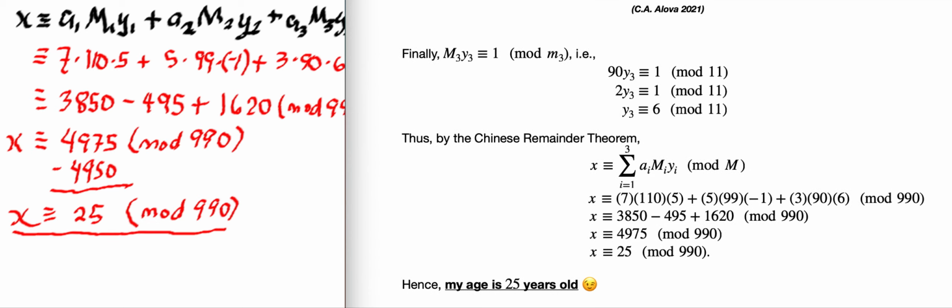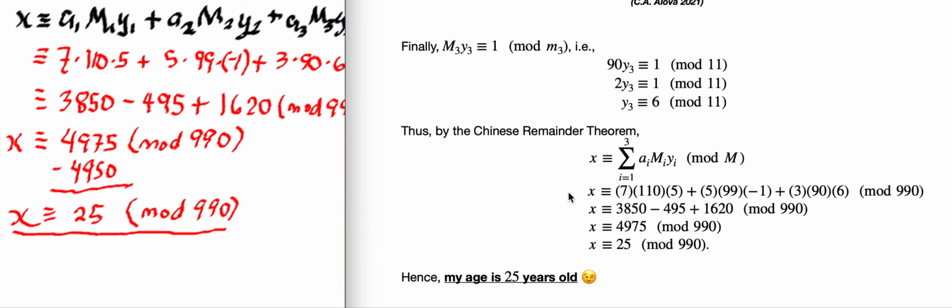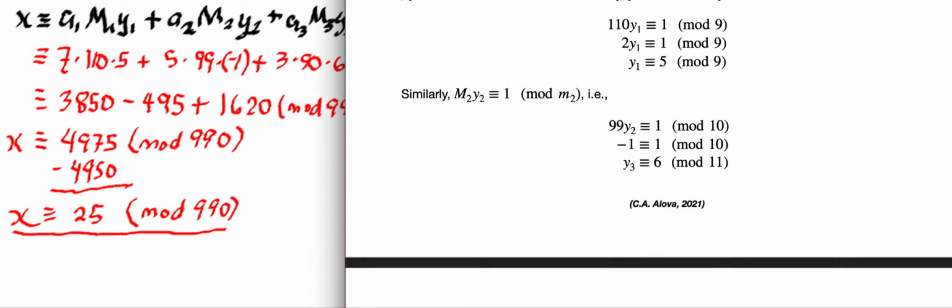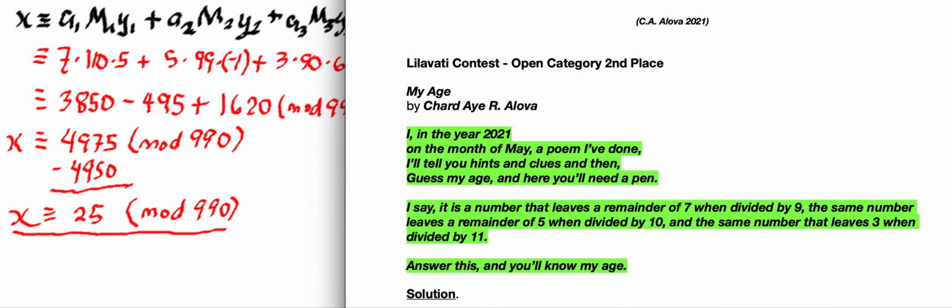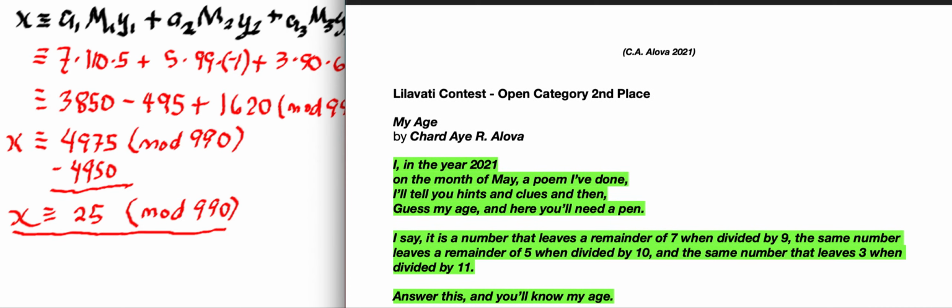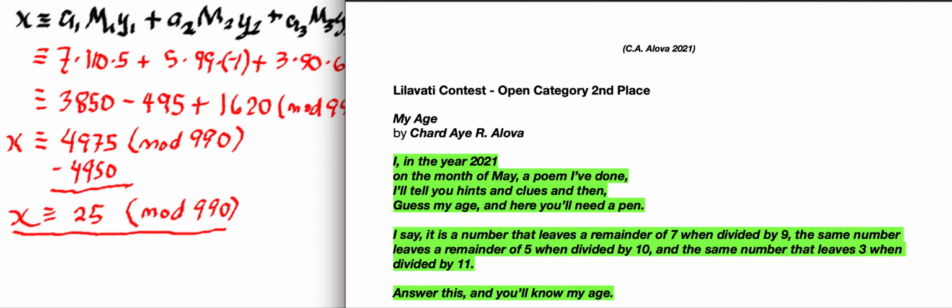So hence, my age is 25 years old. Again, let me show you the poem. This is my age. You can see it here in this part of your screen. Hopefully you're looking at it. So my age is 25 years old. So going back to the poem, in the year 2021, in the month of May, a poem I've done. I'll tell you hints and clues and then guess my age, and here you'll need a pen. So the answer here is 25.